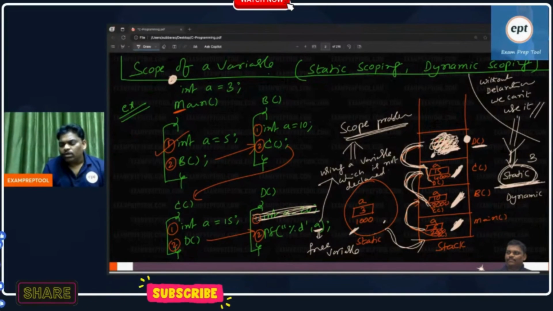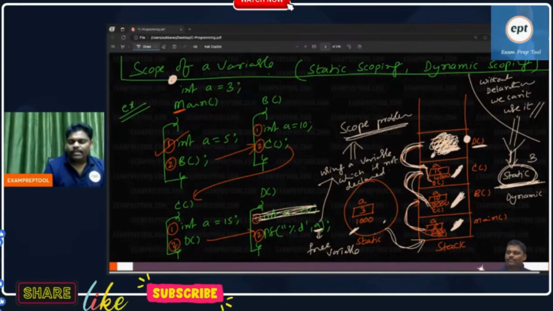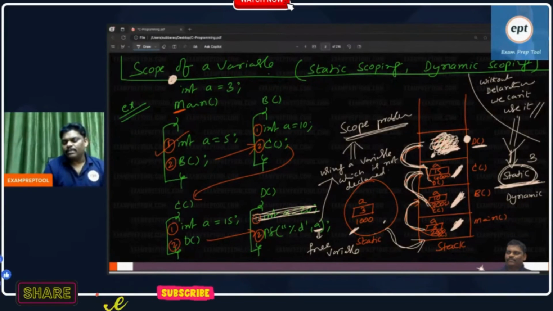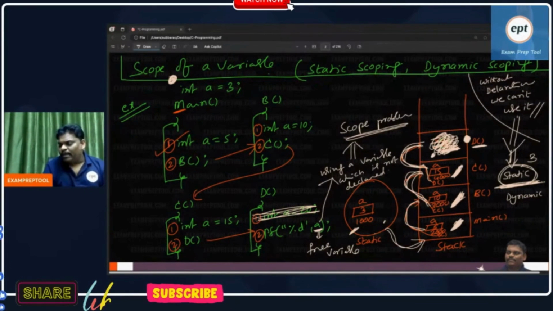In some programming languages, the inventor will say that in my language, scope problem the compiler will solve. In some languages, the inventor will say the processor will solve it.